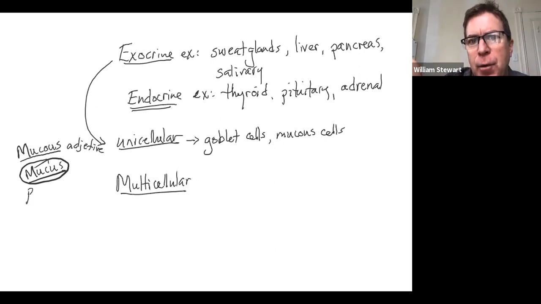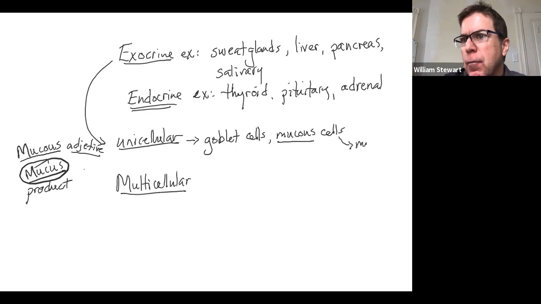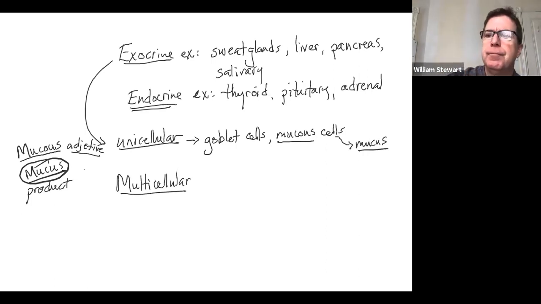And mucous is an adjective that typically describes the cell or gland that secreted it. So a mucous cell is a cell that actually secretes mucus. That's the product that it secretes. The OUS describes the secreting cell. These secrete typically a lubricating fluid that is filled with mucus.